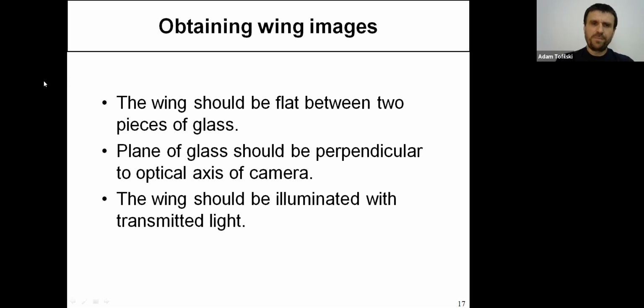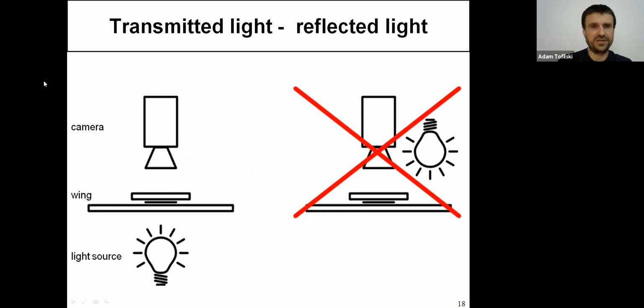And also, I think it's important to use transmitted light, not reflected light. And also it's important to take the image perpendicular to the surface of the wing, because if you take the image from an angle, the angles and the distances can change.